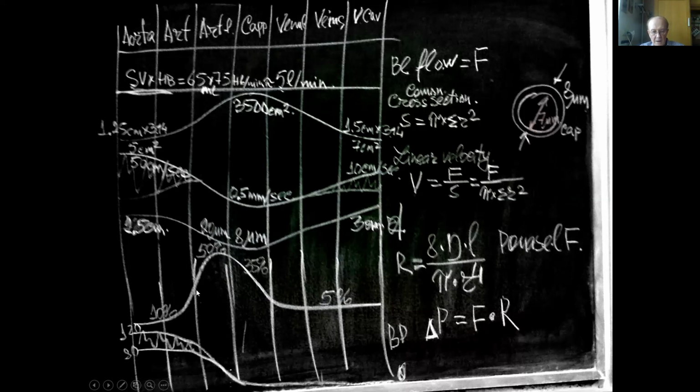But the length is greater in the arterioles and small arteries than in the capillaries. That's why the maximum vascular resistance happens before the capillaries. The second stage is the resistance in the capillaries, and minimum resistance in the arteries and in the veins.